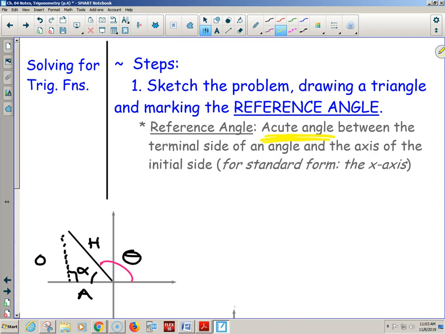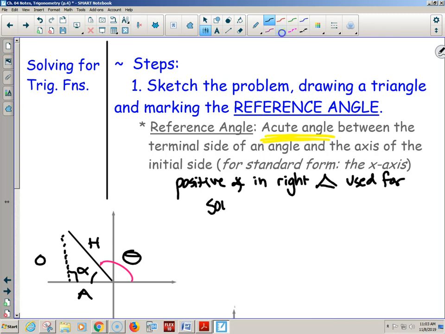It's always an acute angle, and the reason why it's always acute is because it has to be the positive angle in the right triangle used for SOHCAHTOA or HPrecalc.